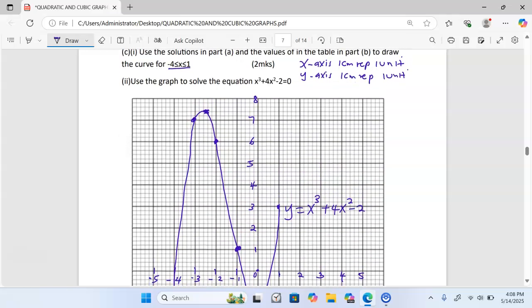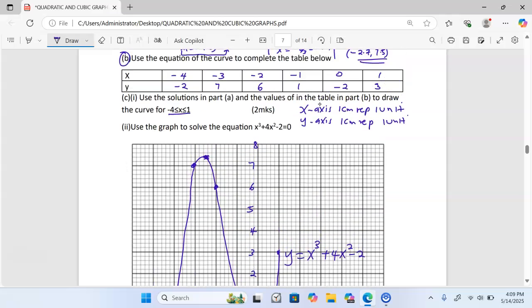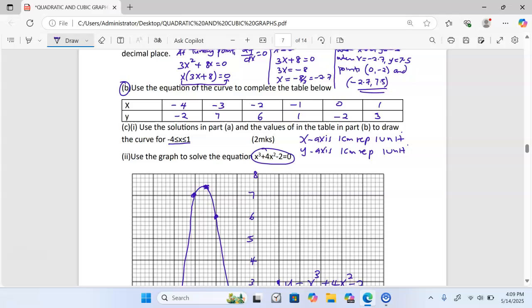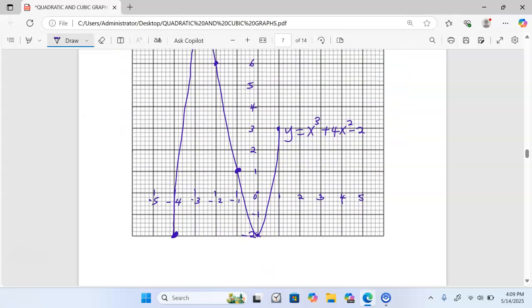for a student to score. And after that, remember you are supposed to use your graph to solve x cubed plus 4x squared minus 2 is equal to 0. And this is the same function that we have really used here.